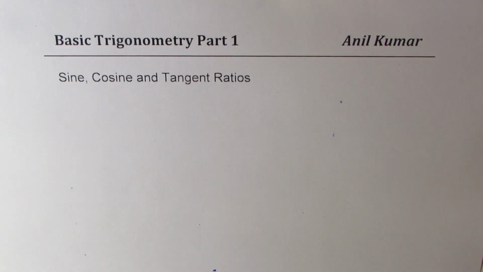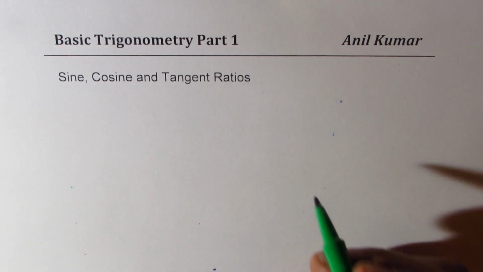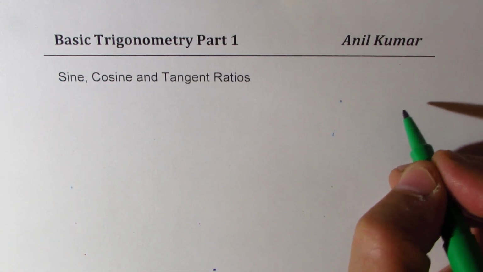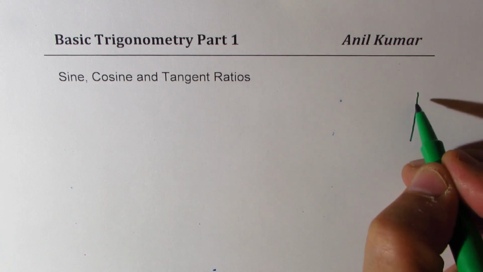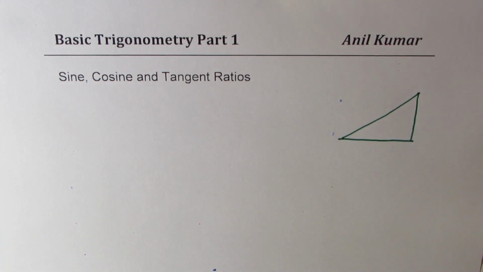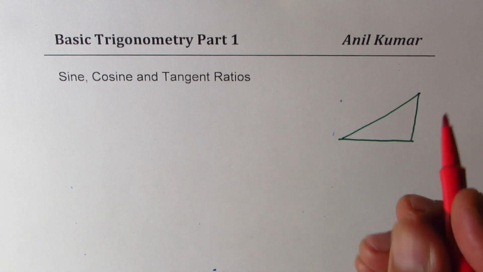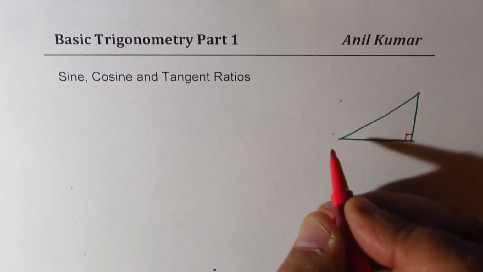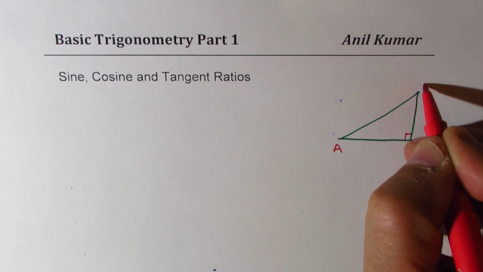Now let me introduce you to other trigonometric ratios. So we'll again sketch a right triangle. We are working with a right triangle at present. So here is a right triangle. Let's say the triangle is ABC.